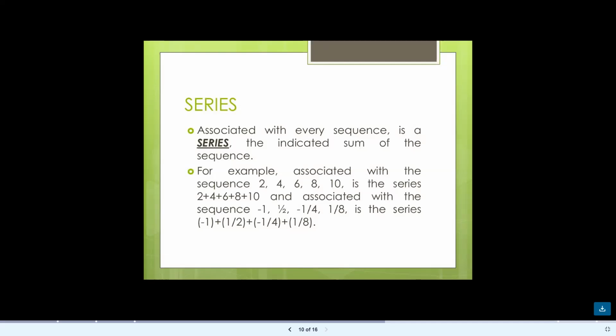And we'll talk a little later about two types of progressions in particular: arithmetic progression and geometric progression. We'll come to that in just a moment. So what's a series? A series is simply the sum of a sequence, right? And that's what it is.